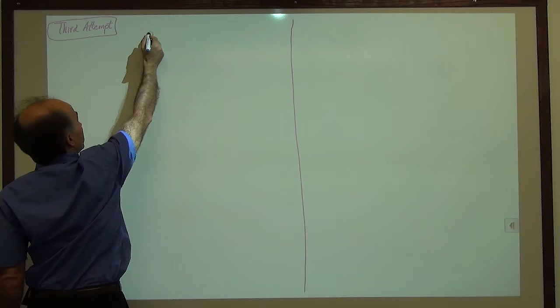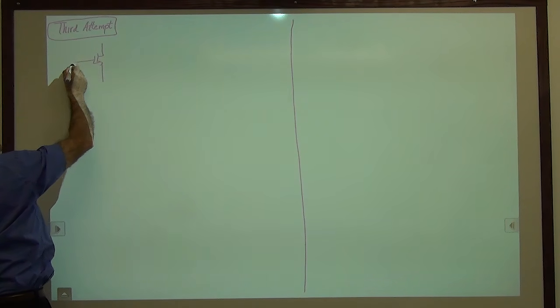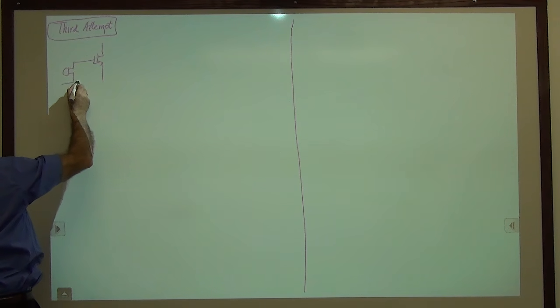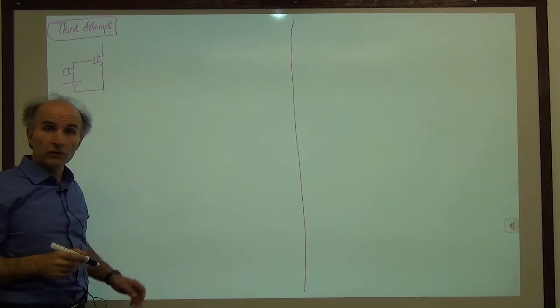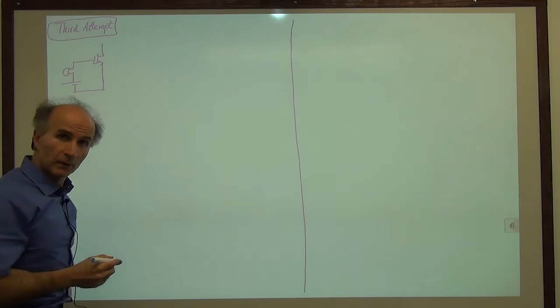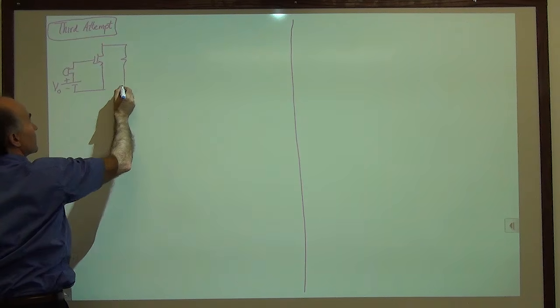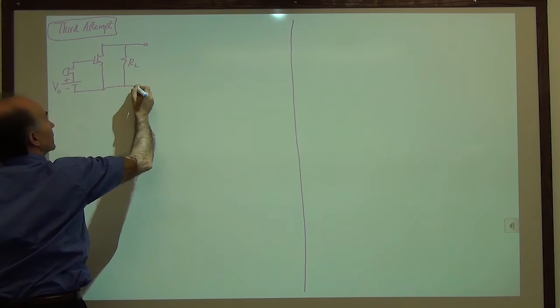And here's what we're thinking. We take the transistor, we have our good old microphone here, and then on top of that we have a voltage, and this voltage is actually more than a threshold. So we'll call it V0. And then of course we have our resistor, RL, and so on.